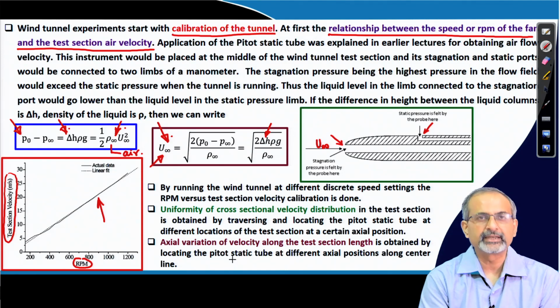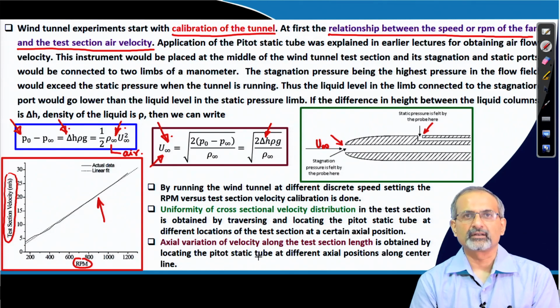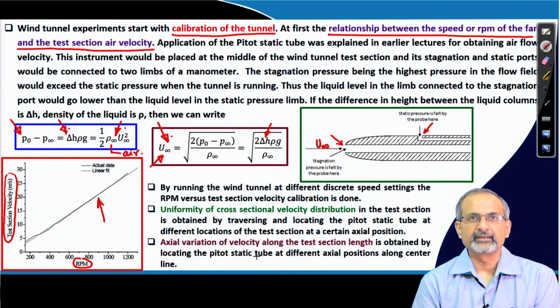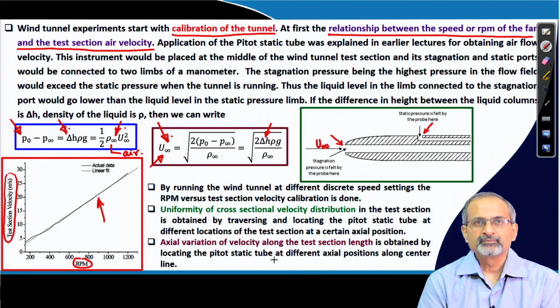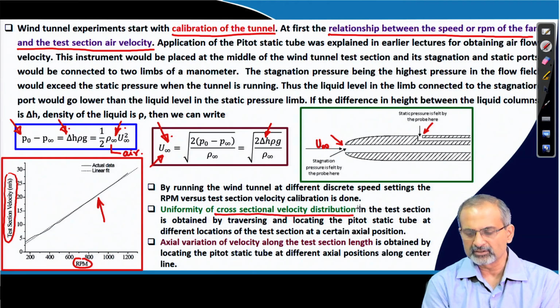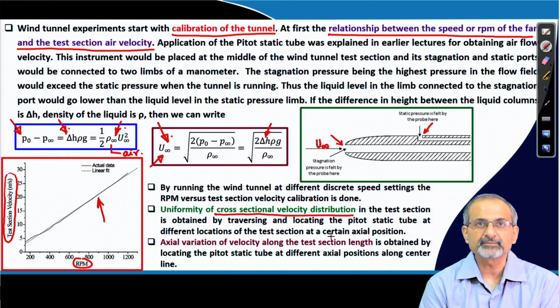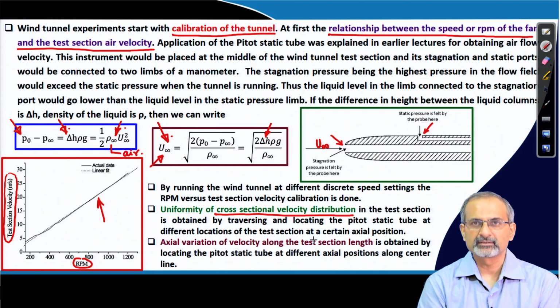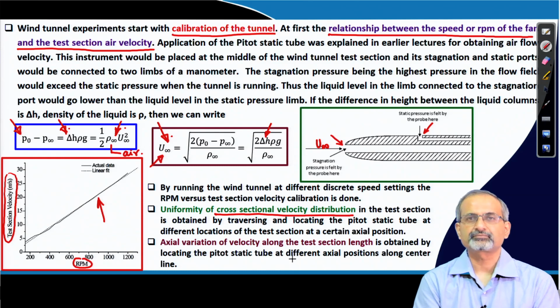This is actually taken from a particular wind tunnel, actual wind tunnel data. Apart from this, uniformity of the cross sectional velocity distribution in the test section is obtained by traversing and locating the pitot-static tube at different locations of the test section at a certain axial position.